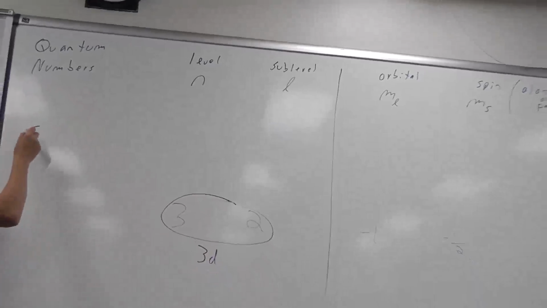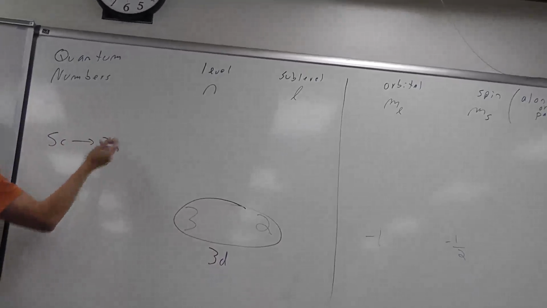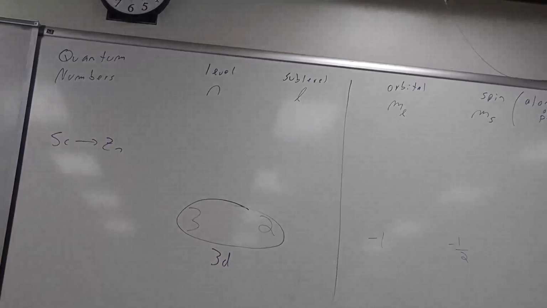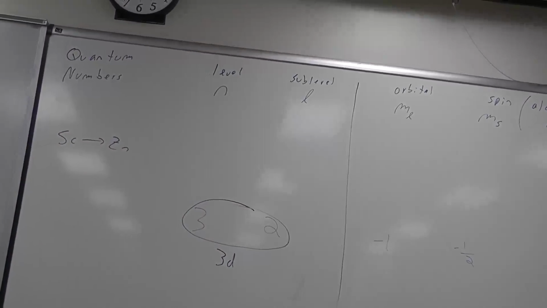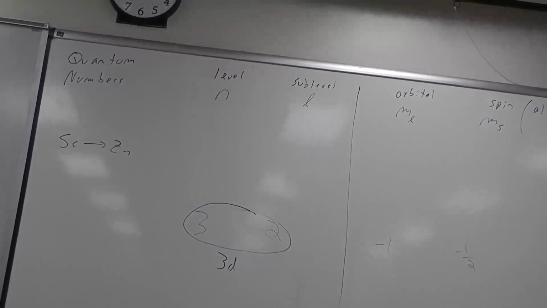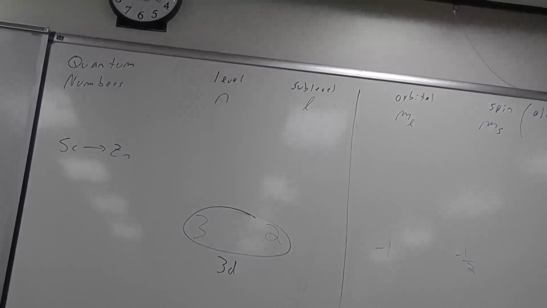And so that narrows it down to be scandium through zinc. Because that's the 3D section of the periodic table, correct? Question about that part?